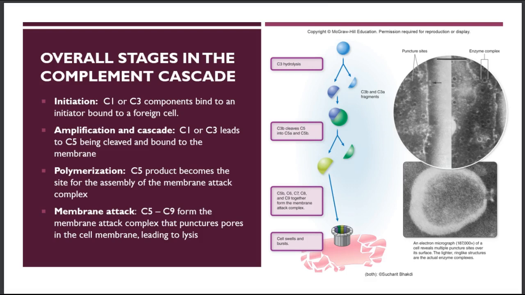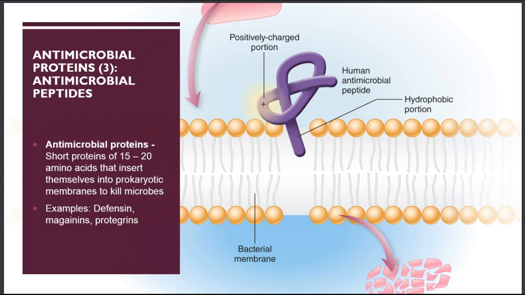And that complex puts holes or small pores or openings into the membrane of this microorganism. And that leads to the lysis of that cell. Make sure that you are familiar with the complement cascade and the steps in this process.